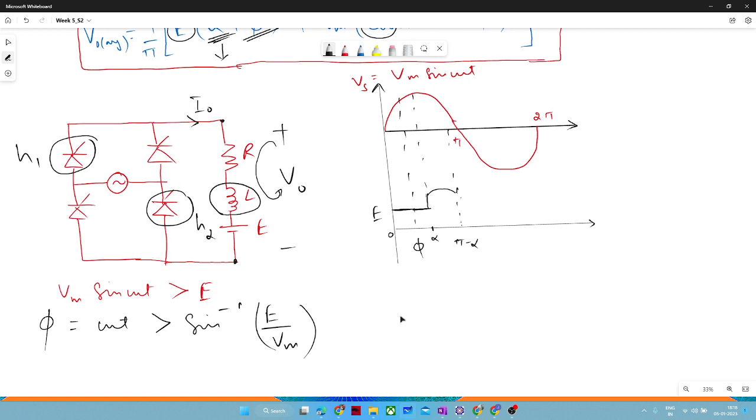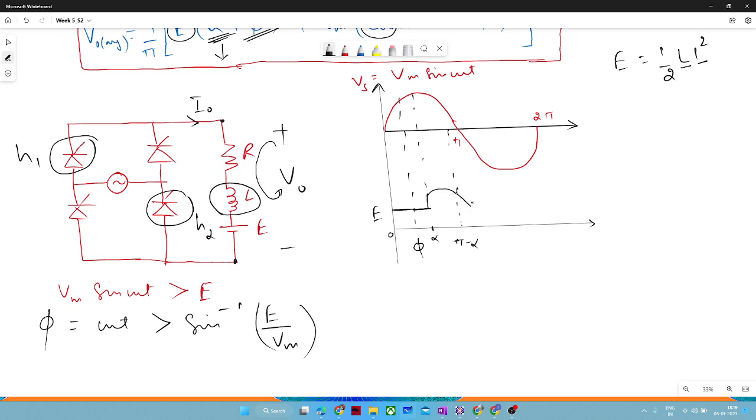So the stored energy, half L I square, now will come into the picture, and this energy depends on two things, L and I. I is fixed, you cannot change I. But L, you can design with higher or lower inductance. So if your inductance is sufficiently high, then it will start conducting.